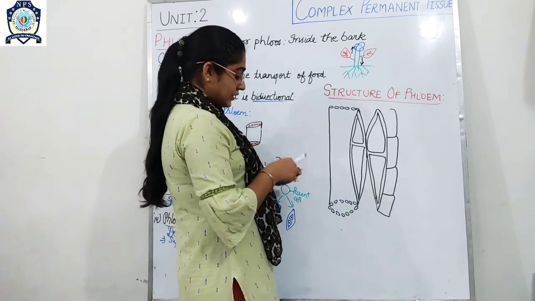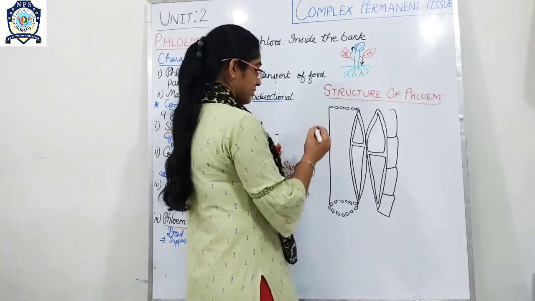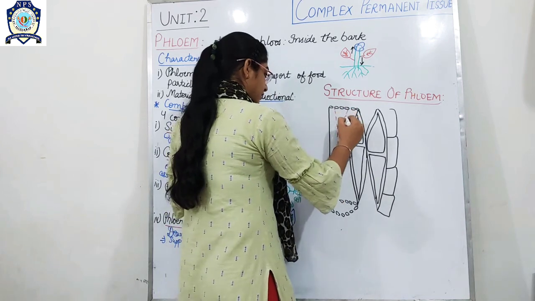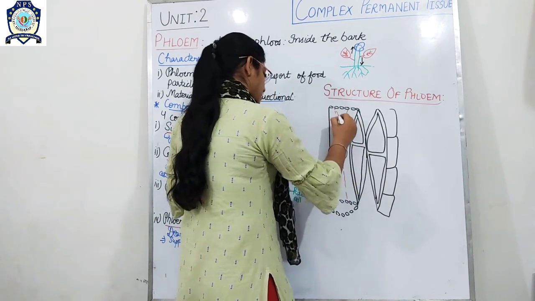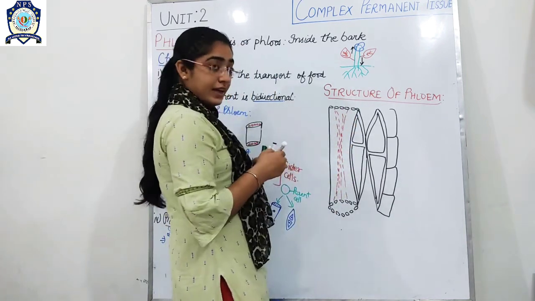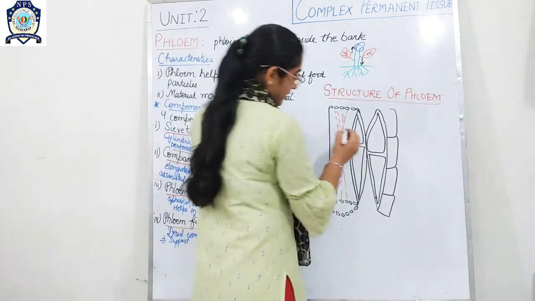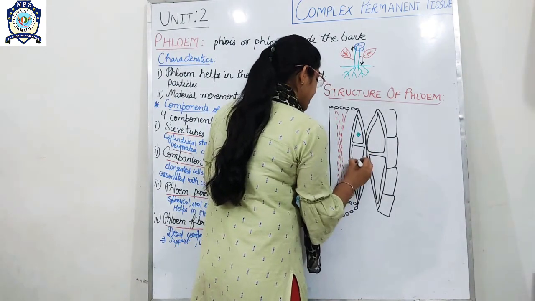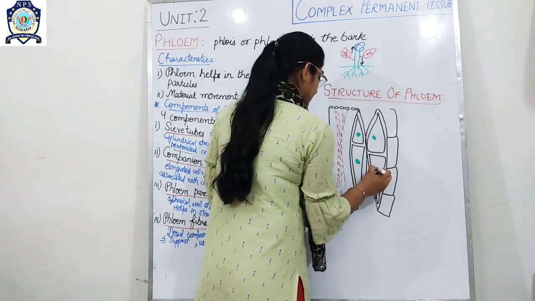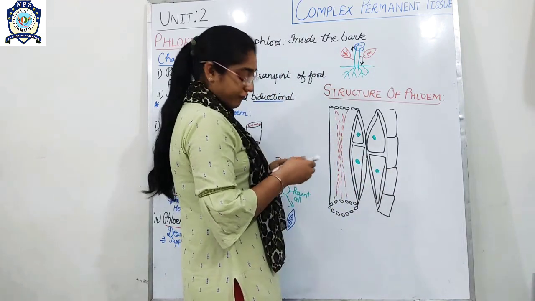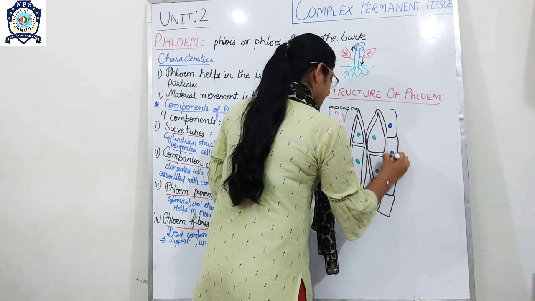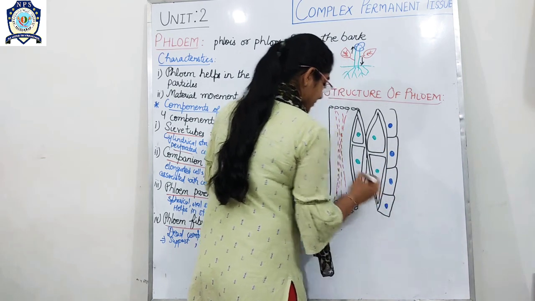Okay, so these are sieve tubes, okay, and these are the companion cells having their nucleus, and also the phloem parenchyma also contains the nucleus.